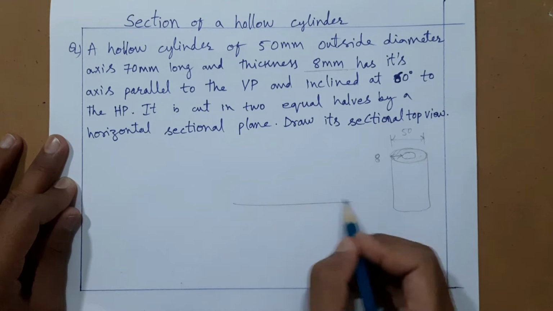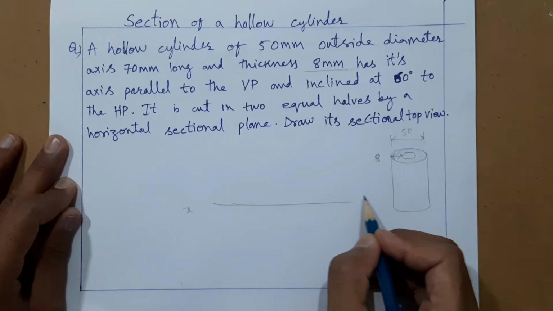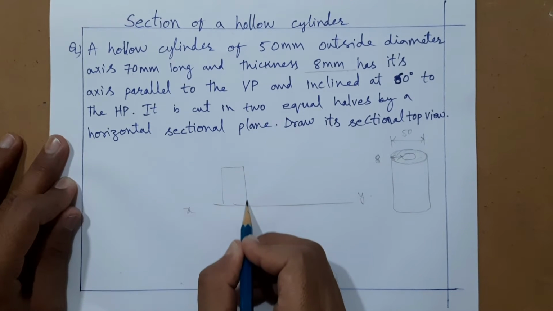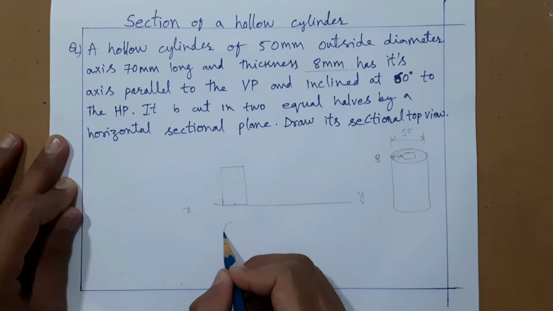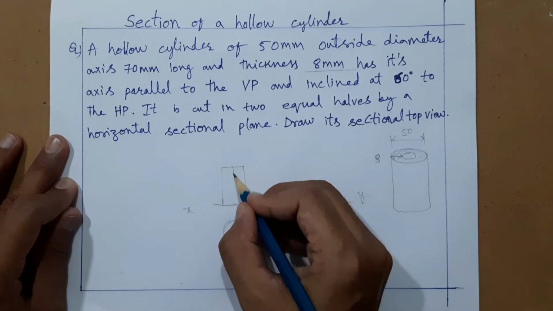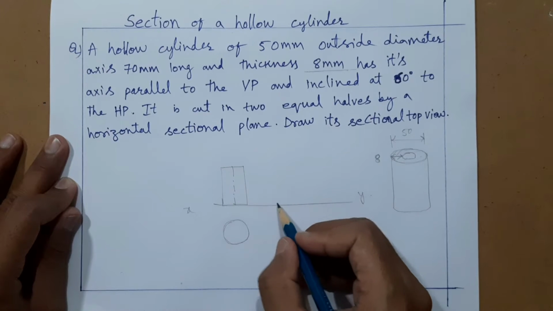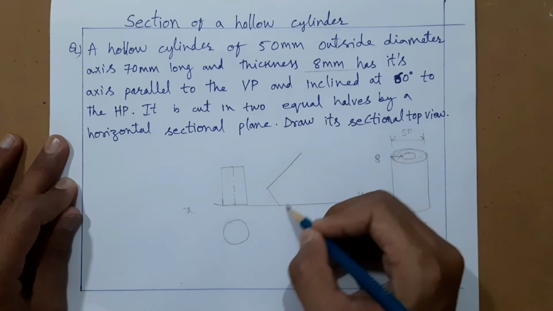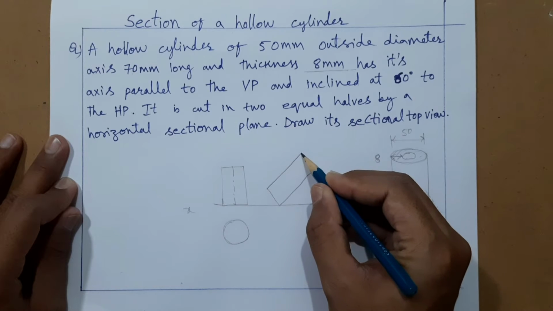Simply say this is your XY line and here axis, first simple position will take, this is the cylinder. Okay, and here is the axis. So what happens, its axis is inclined.